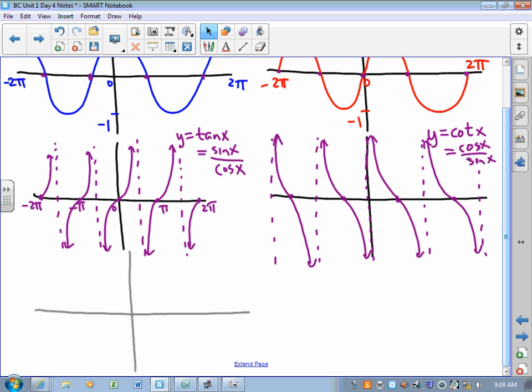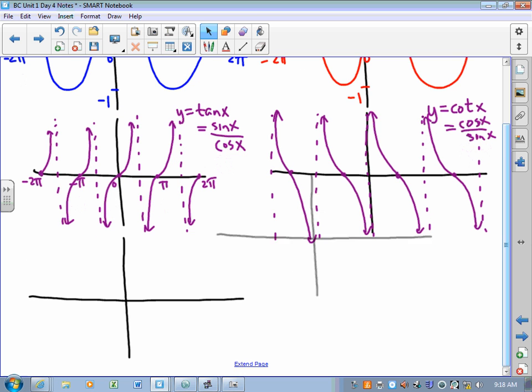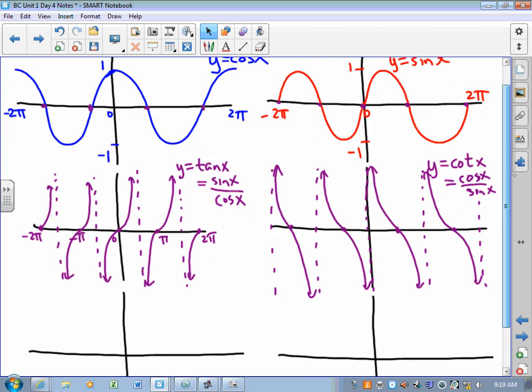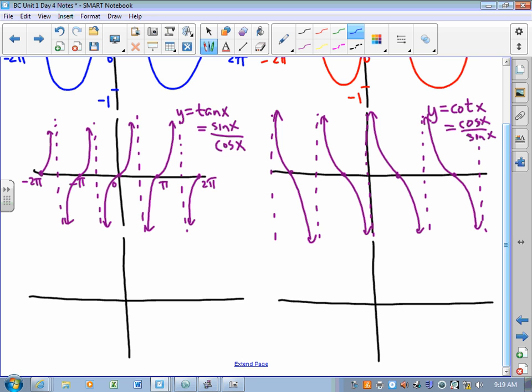At the bottom of the page, let's talk about secant and its close friend cosecant. Secant and cosecant play off of cosine and sine, so let's give you the cosine graph so that we know what we're doing here. That's the cosine graph. The secant graph, secant x is 1 over cosine x, which means everywhere the cosine graph is 1, the secant graph is also 1.